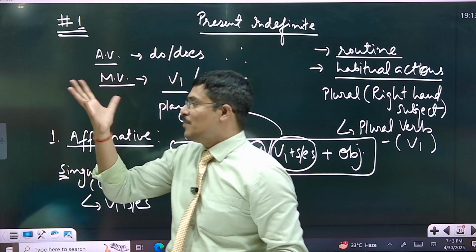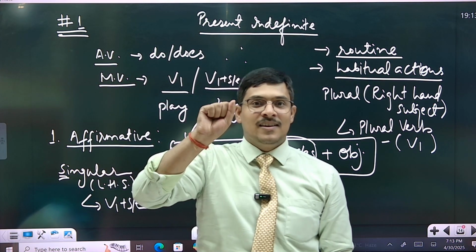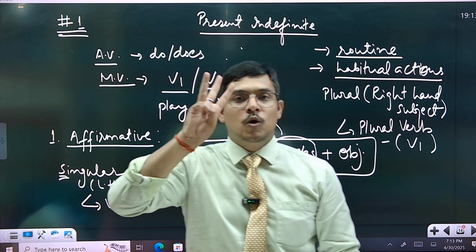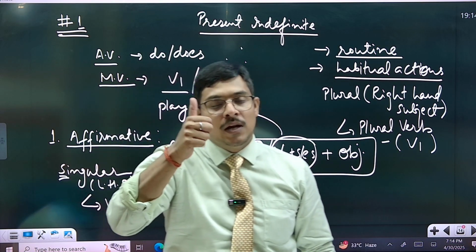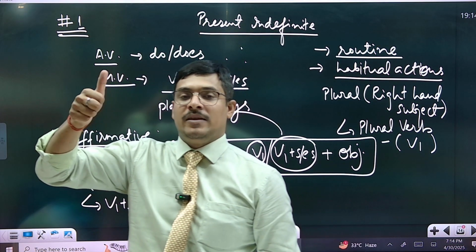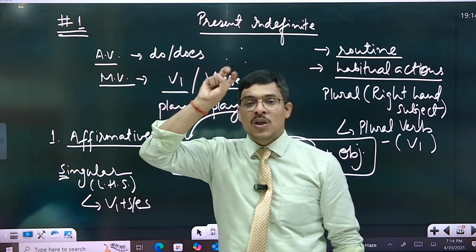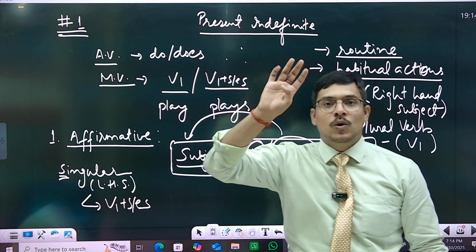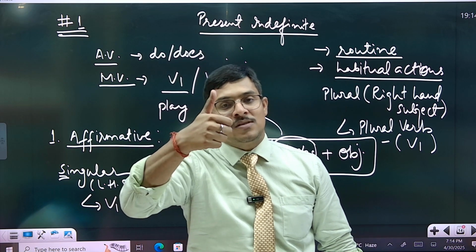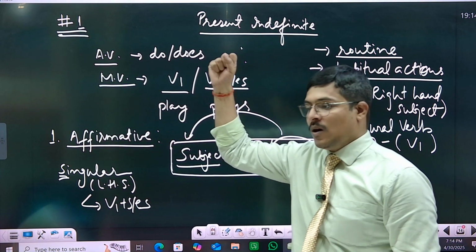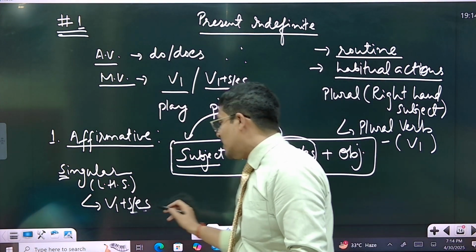So right hand becomes a plural hand, stronger hand. The subjects here are I, we, you, they, and plural nouns: boys, girls, men, women, children. I repeat, right hand subjects are I, we, you, they, and plural nouns.